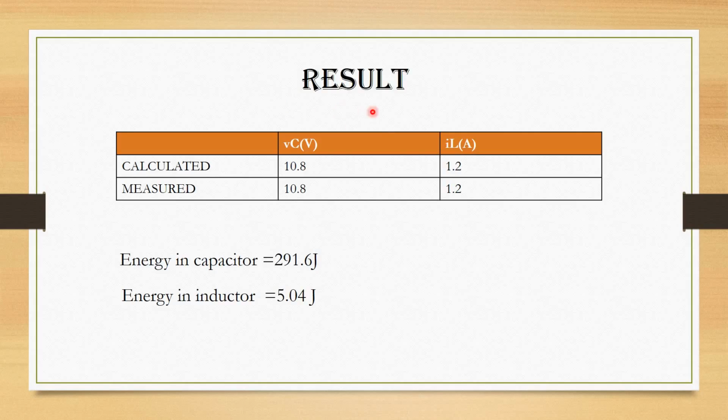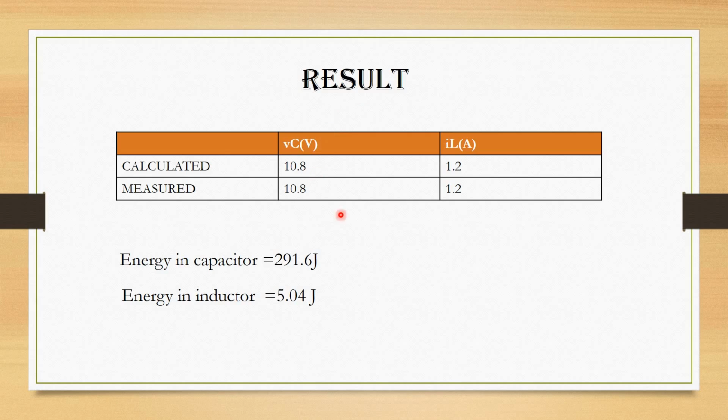Now we're going to see the results from the measured and calculated values for VC and IL. For VC, the voltage across the capacitance, the calculated value is 10.8 and the measured value is 10.8. For the current across the inductance, the calculated value is 1.2 and the measured value is 1.2.